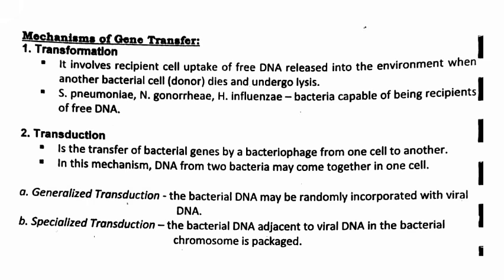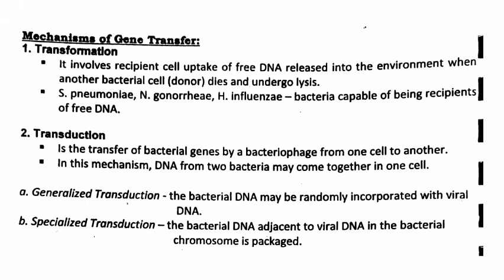Transduction involves a type of virus that specifically infects bacteria, which is called a bacteriophage. Now, in this mechanism, DNA from two bacteria may come together in one cell. Now, there are two different types of transduction, which are generalized transduction and specialized transduction.